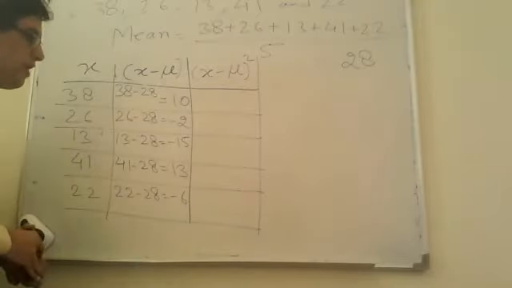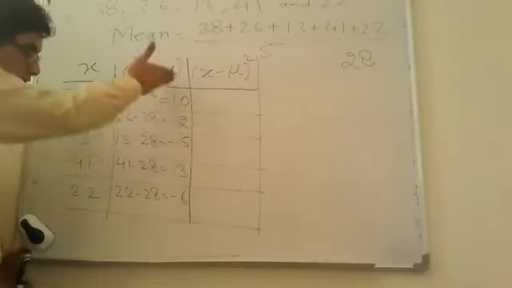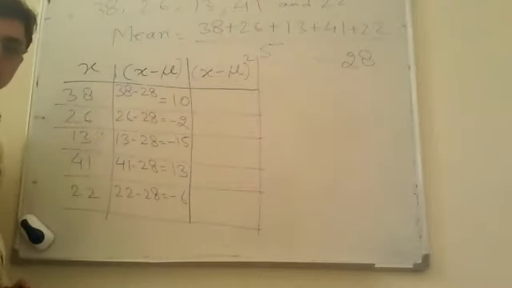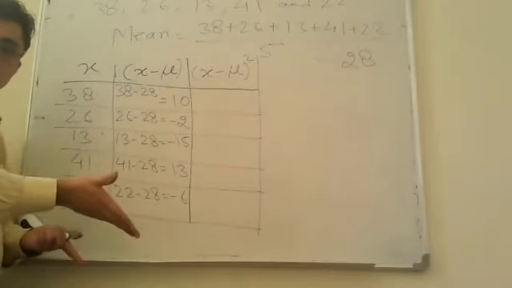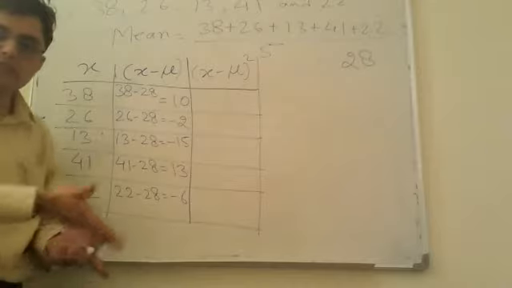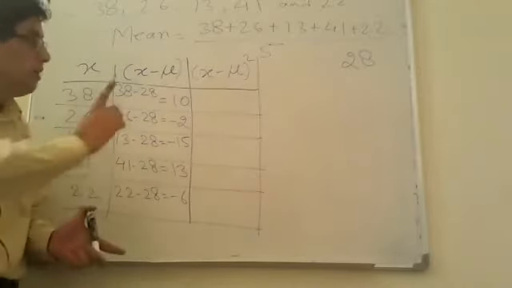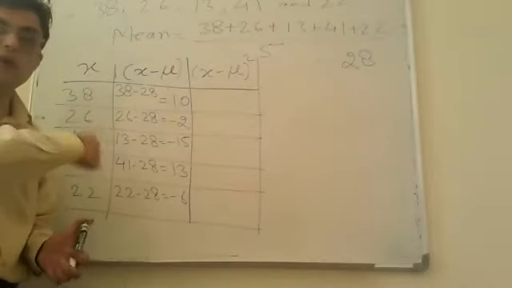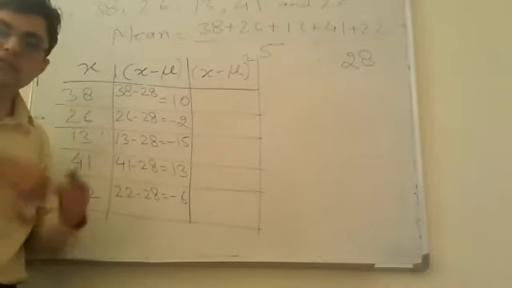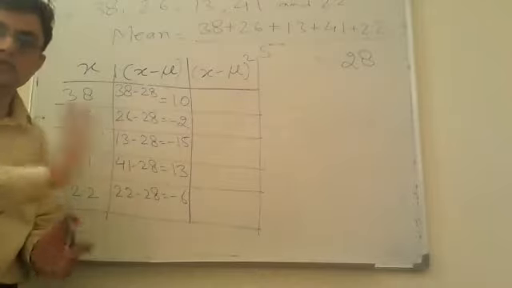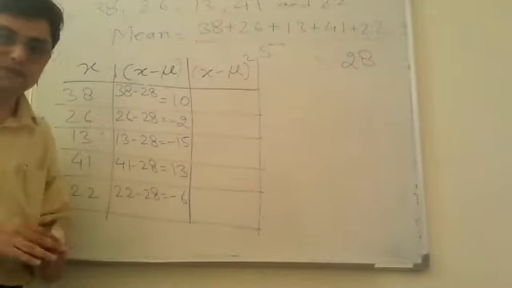If you need to verify your result, the total for this column should be 0. In mean deviation we take the absolute value, but here we take the square. The absolute value is positive, and the square is also positive for negative values.